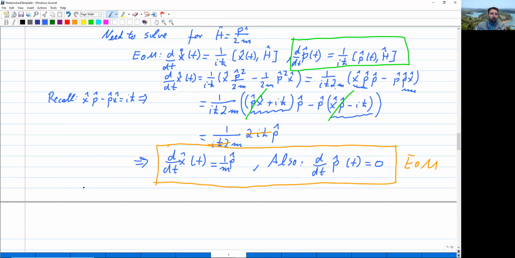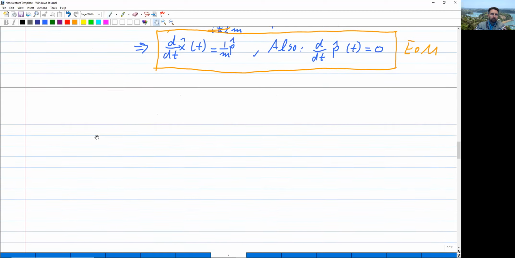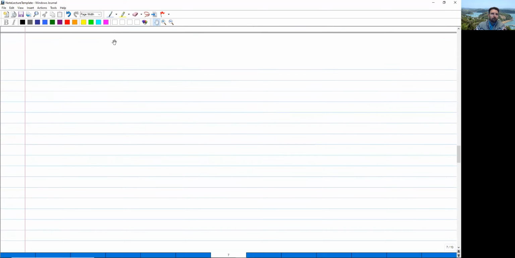Good. But we also have to solve the canonical commutation relation. So this is one dimension.